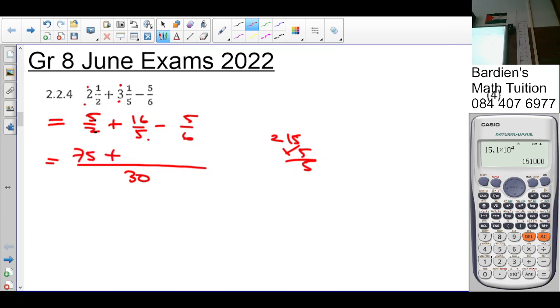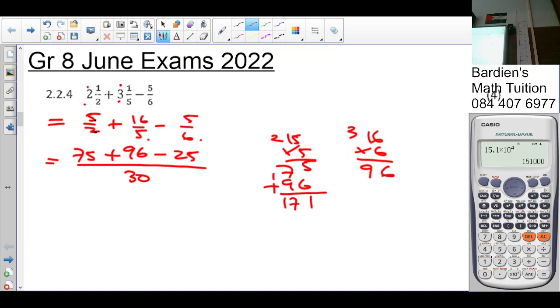Times 6, so 16 times 6 is 96. Minus, we started by 5, so it's 25. So 75 plus 96 will give you 171. Minus 25, so it's 146.